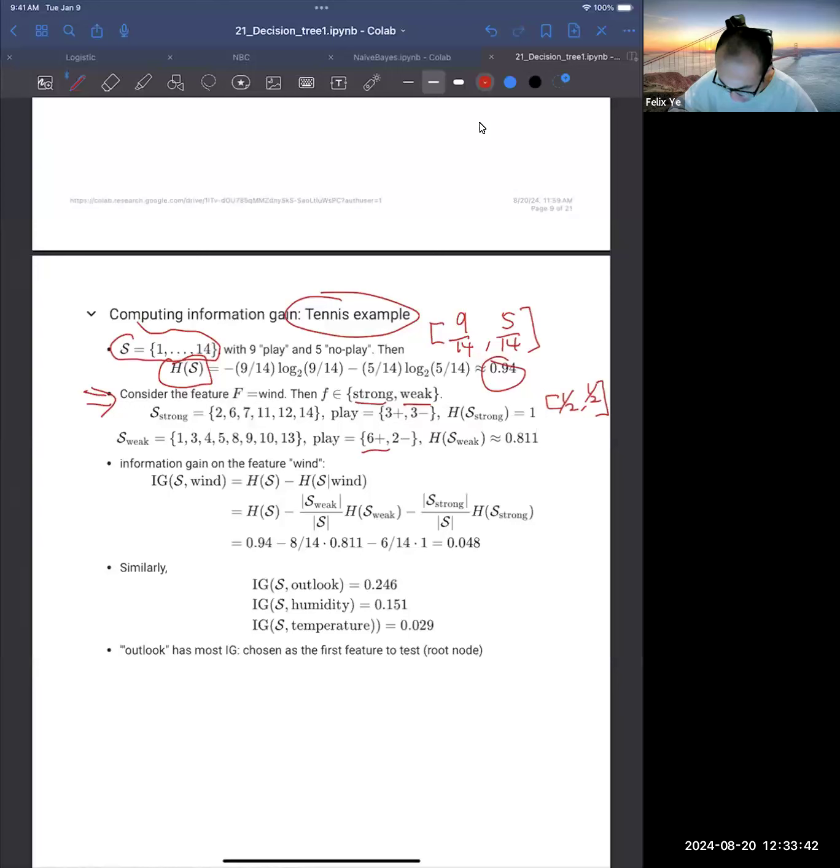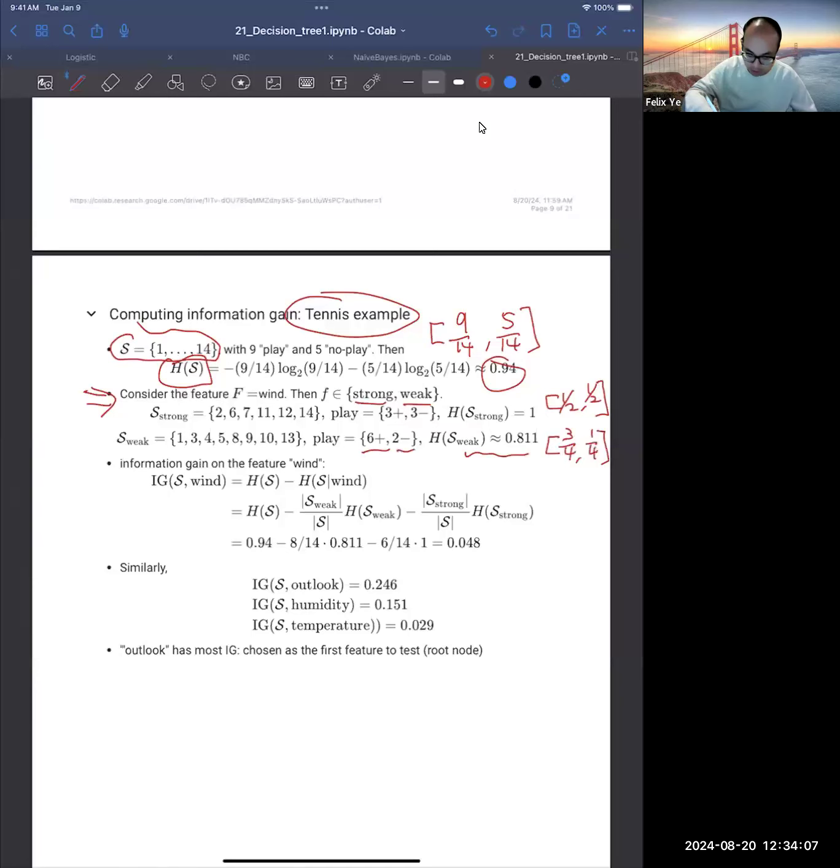For the weak set, we have 6 play and 2 no play. So 3/4 is play and 1/4 is no play. The entropy for the set conditional on wind being weak is 0.81.